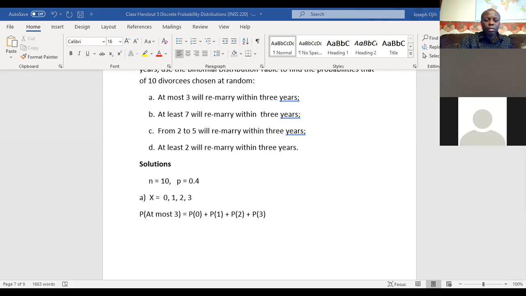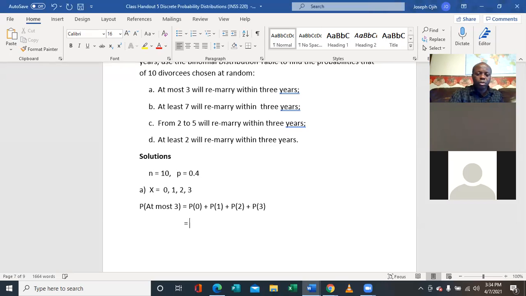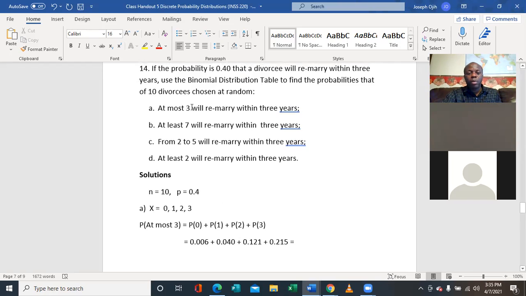Okay, equals 0.006 plus 0.040 plus 0.121 plus 0.215. So we add all this. That will give you the probability that at most 3 will marry within 3 years. So let's add them up.